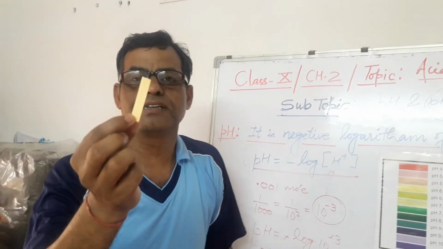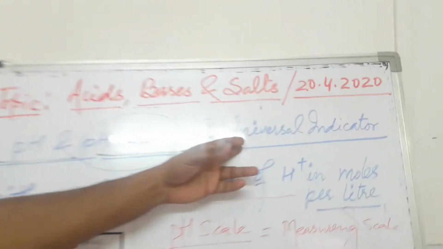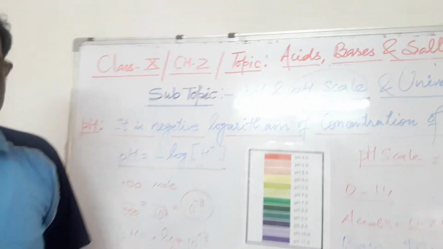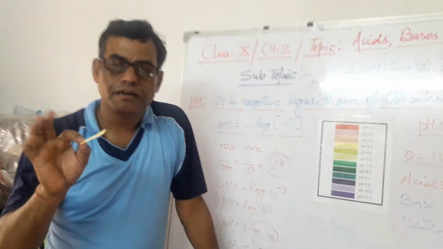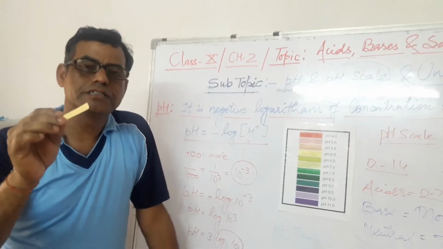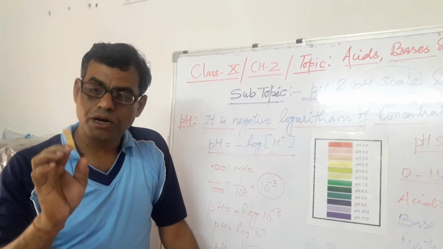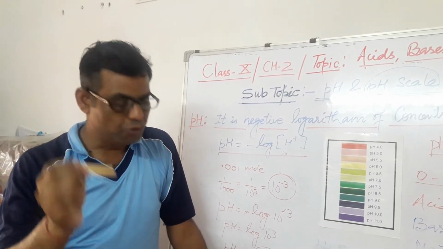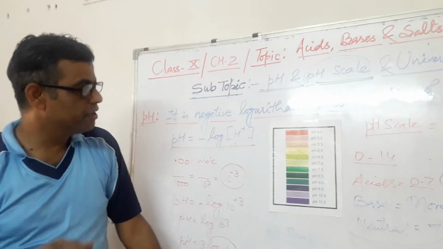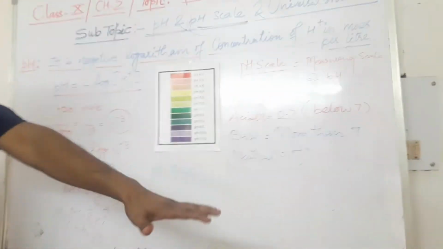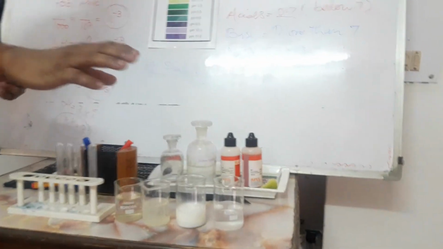This is the universal indicator, the third term of today's topic. The universal indicator is made by mixing or combining several indicators. So now how do we check the pH of solutions? I will tell you with an example. Here in this tray you can see different kinds of solutions.